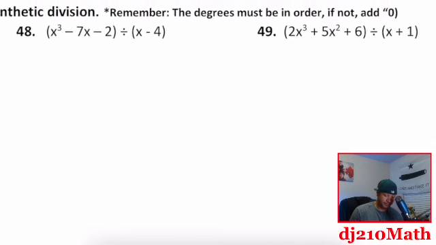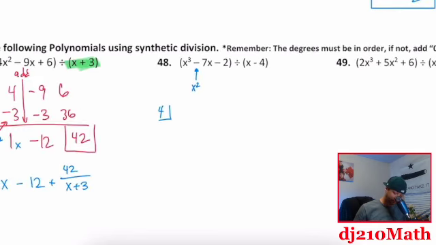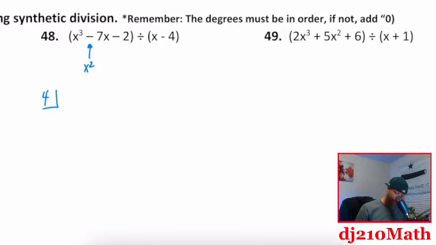Let's try it again. But now, just note right here, there's an x squared missing. So we have to account for that. So in the box, we have positive 4. 1, 0, because there's an x squared missing. -7, -2.